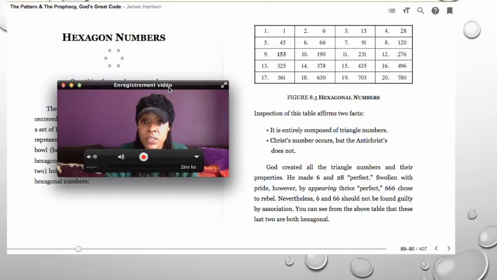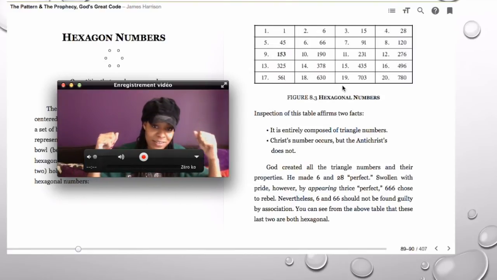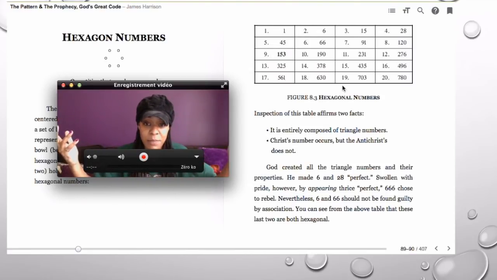In short, this is a list of the hexagonal numbers, and we see that the 9th hexagonal number is 153, which is funny because we just talked about the digital root function being 9. So here we can see that 153 appears, but we don't have 666 because, you know what? It can't keep up.